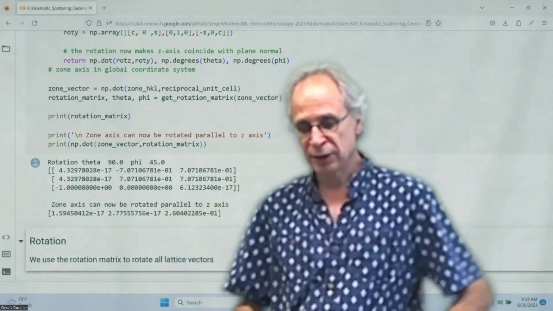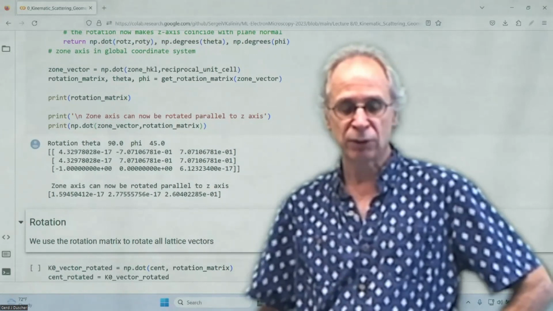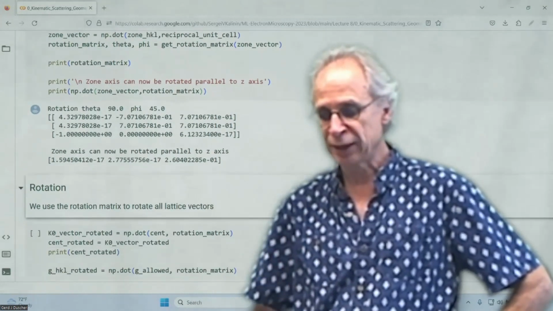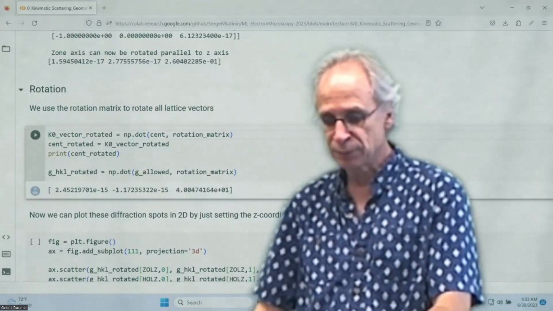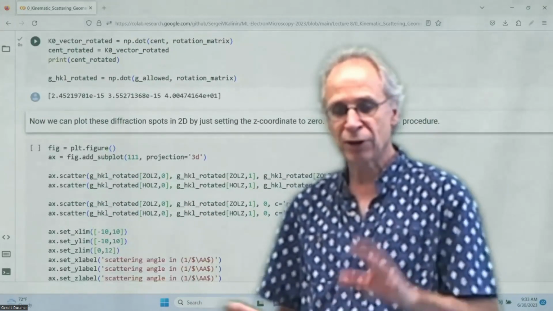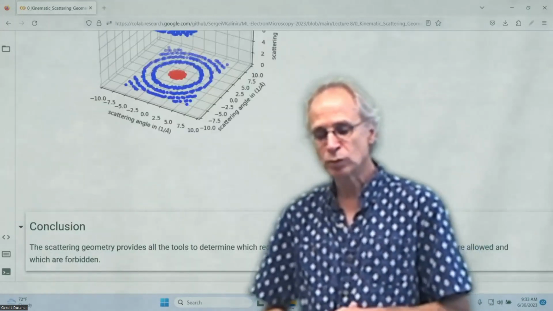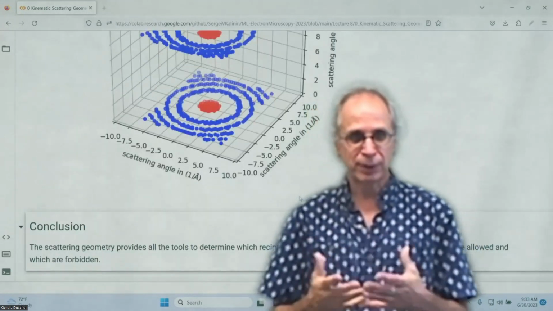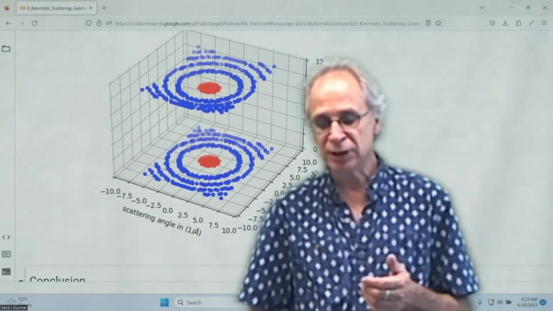In X and Y, and we just get a rotation matrix depending on the zone axis that we're using. And then we rotate everything else with the same one. And of course, in NumPy, it's trivial to do that. And then we plot that in 3D.